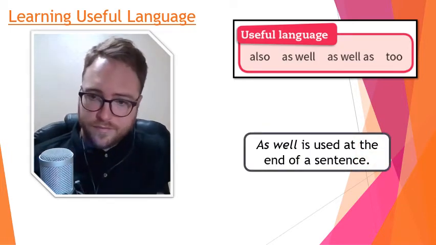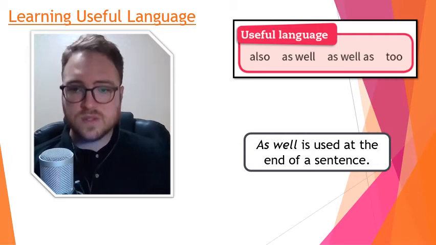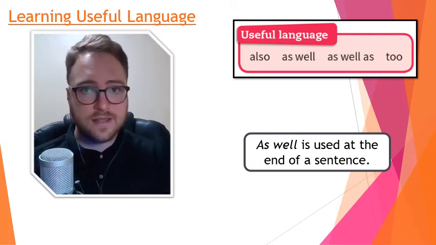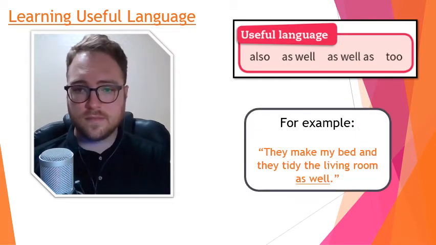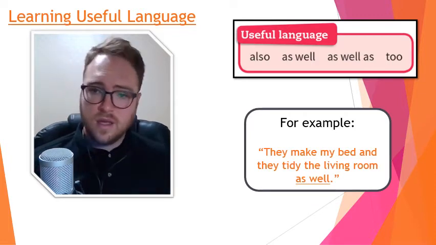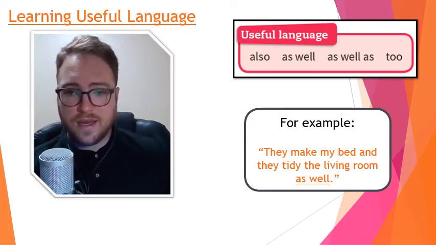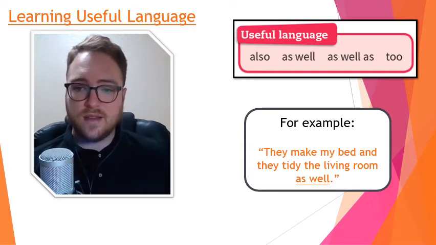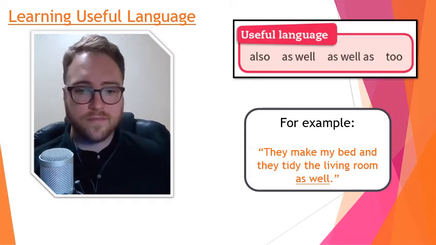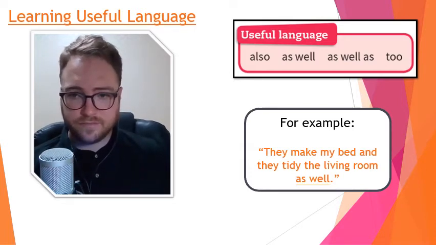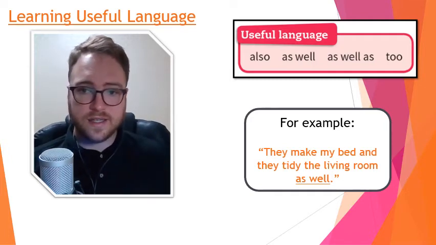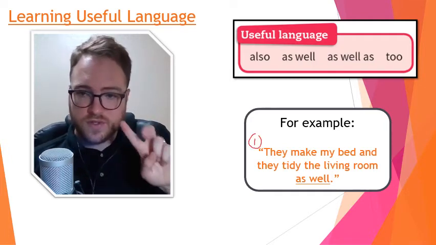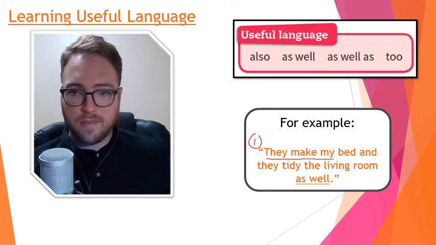"As well" is also used at the end of a sentence. So, for example, they make my bed and they tidy the living room as well. Now, remember, there's two clauses here. The first clause is they make my bed.